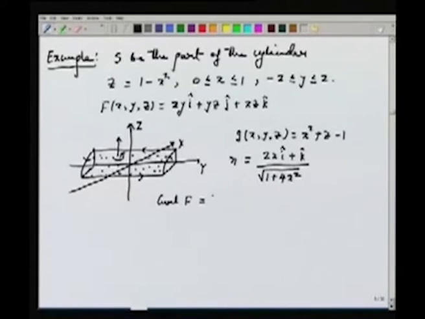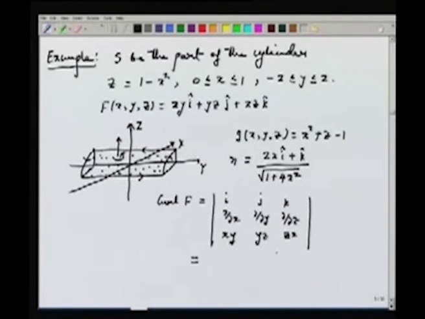So I will calculate what is curl f. The determinant has i del x, j del y, k del z, and then xy, yz, zx. If I calculate, what do I get?